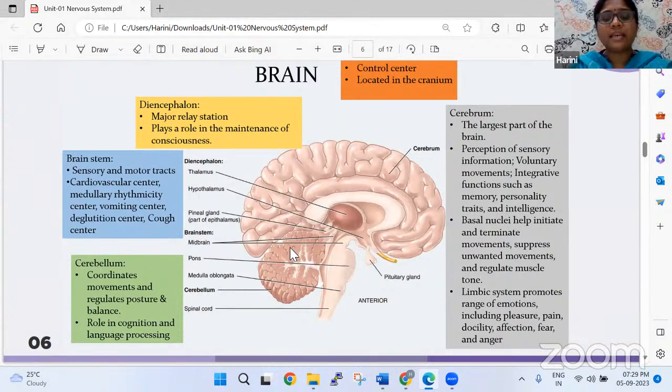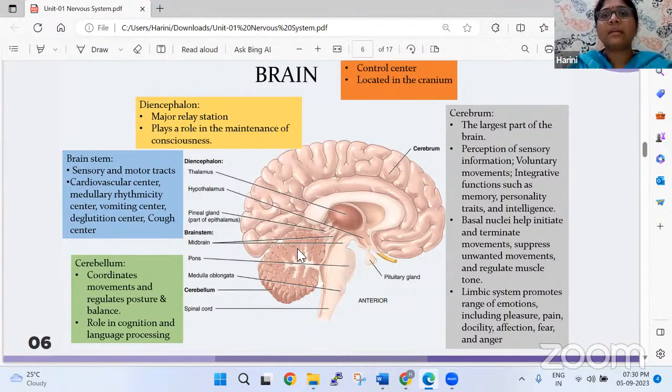And here, if you can see, the cerebellum consists of an internal structure and the outer lobes. It consists of these small lobes, right? It is a very tightly folded structure. It consists of white matter and gray matter. What is white matter and gray matter?